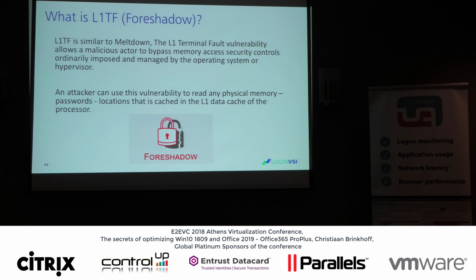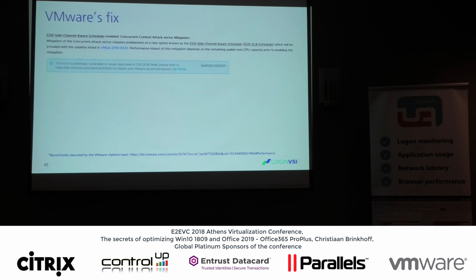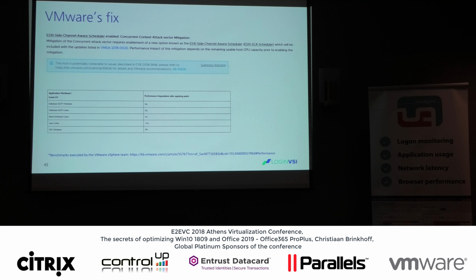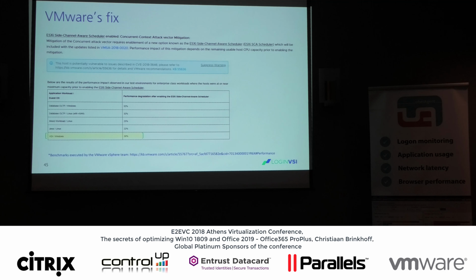So it's a real issue and you need to take care of that. VMware's fix for that is a patch you can apply, but keep in mind that VMware expects a degradation of 30% when you apply that patch, on top of the other 30%.